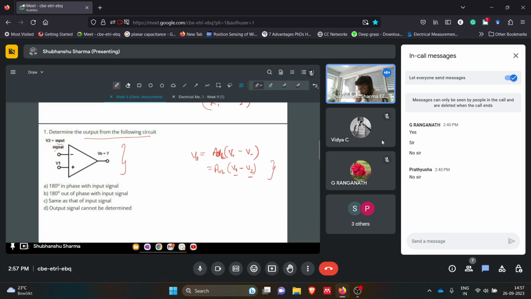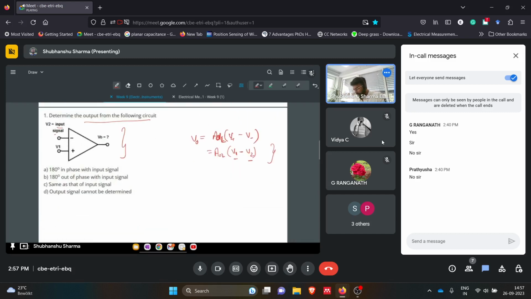but they would have mentioned. Okay, I think we should know what the magnitudes of V1 and V2 are, then only we can answer whether it is out of phase or in phase. Let's say this was 0 and this was positive V2, then definitely this whole thing will be negative.